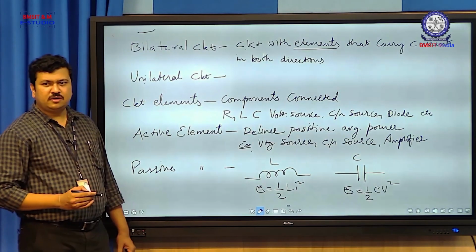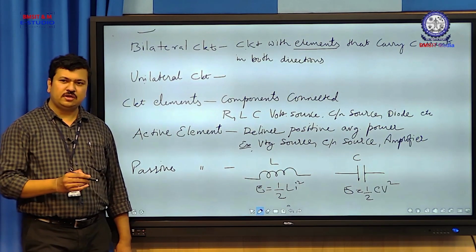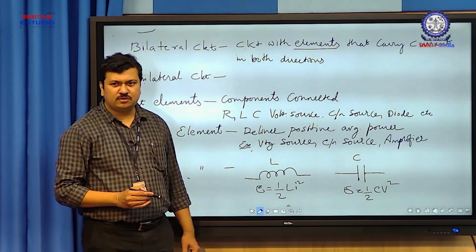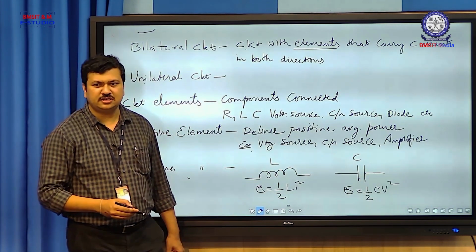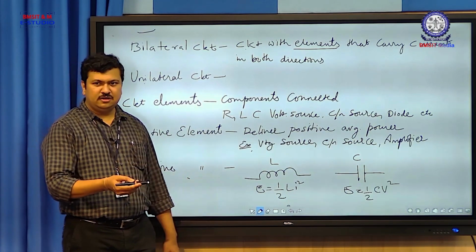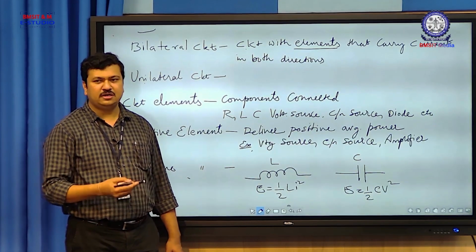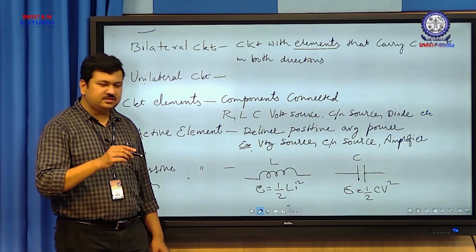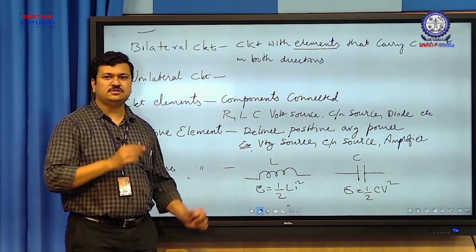No doubt these two elements are storing energy, and when a discharge path is provided to them, they will deliver out energy, but the energy they deliver in the discharge cycle is lesser than the energy that they have received from the previous source.